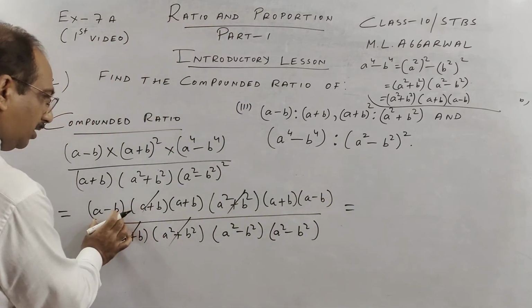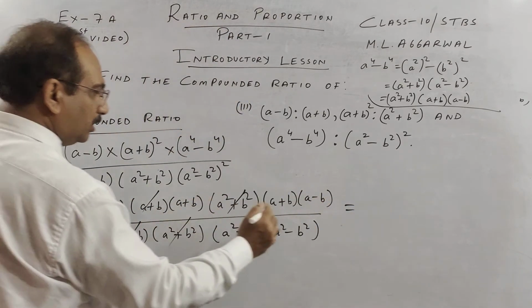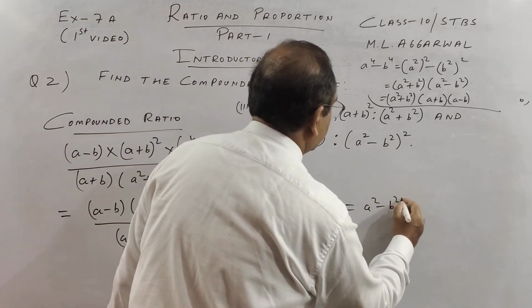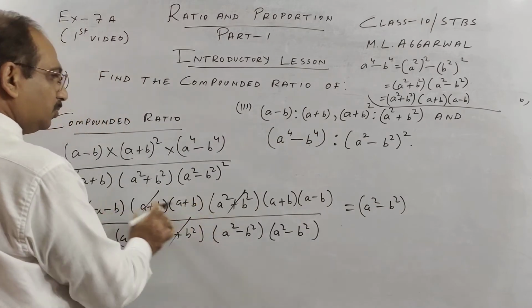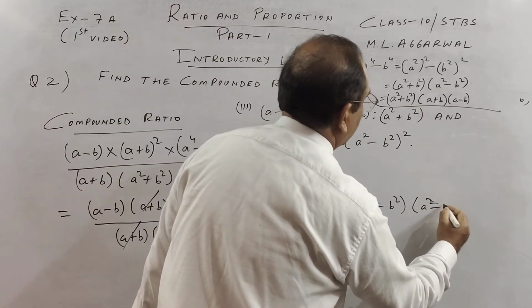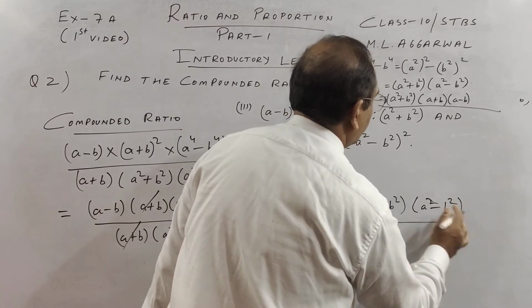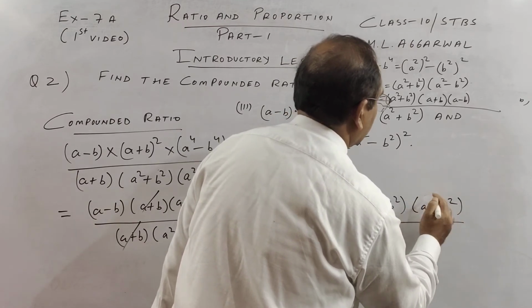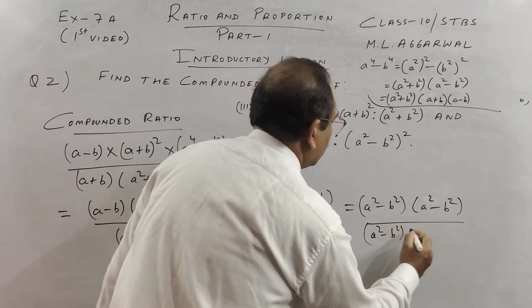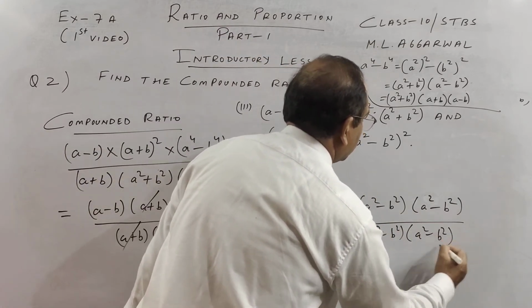Here this is A minus B and A plus B. So these two terms are A square minus B square. This two terms, and this I may have written as A square minus B square. Okay, and down you have A square minus B square and A square minus B square.